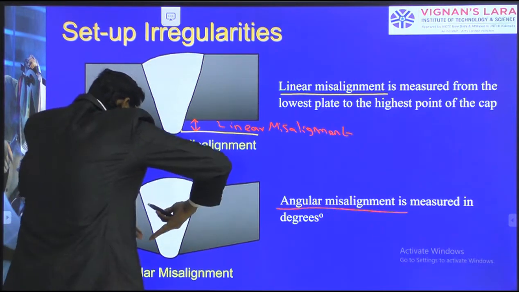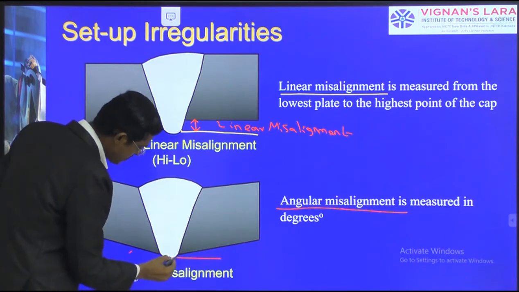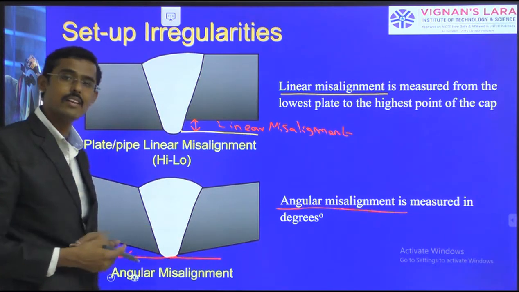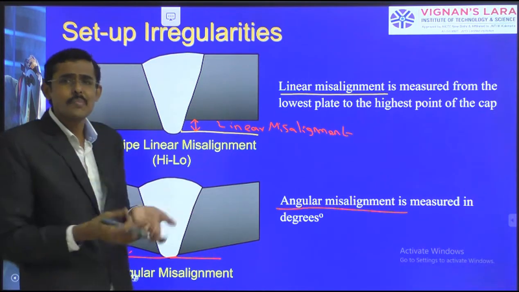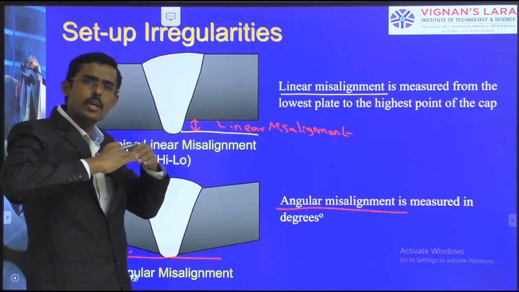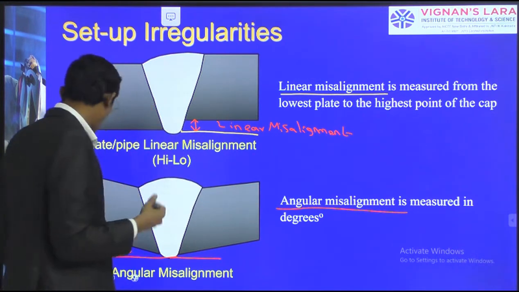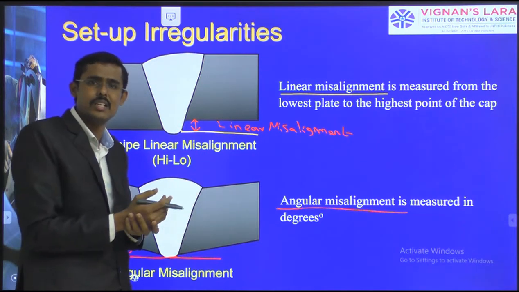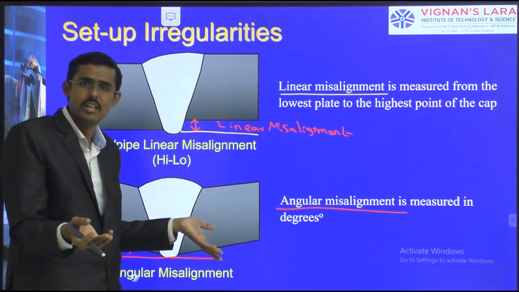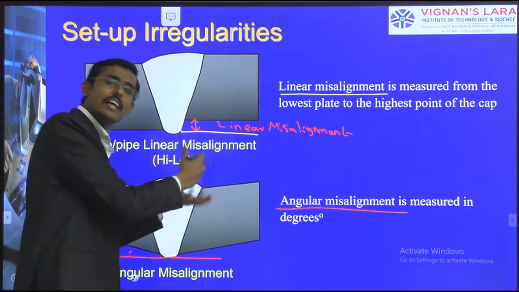They are kept aligned in this way. So this is angular misalignment. What is the precaution? They have to fit properly, check, and then do the welding. That is the precaution. It is a physical damage. It is not a metallurgical damage. It has not happened due to heating. We have not yet started the welding, but the error comes there itself.